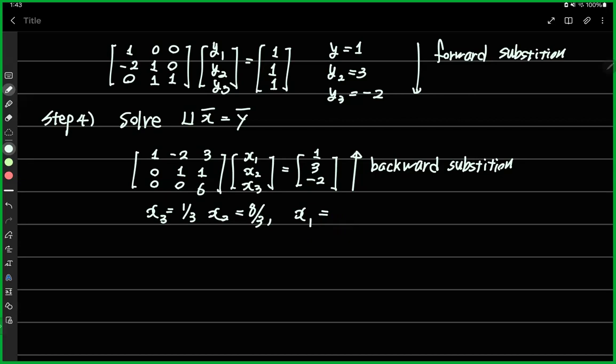Negative 21, negative 7, isn't it? You got it?